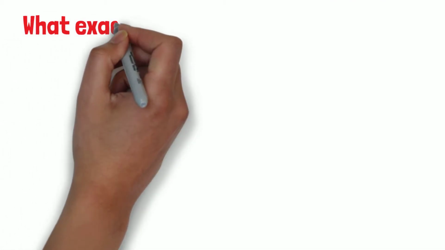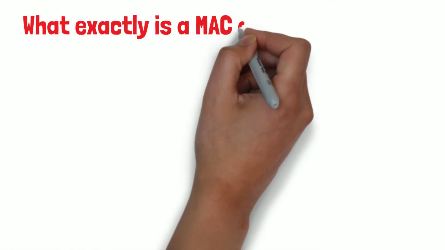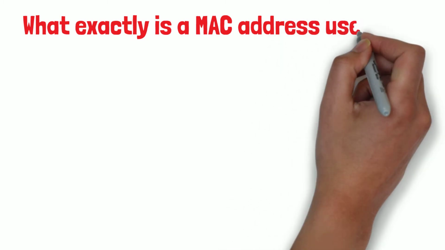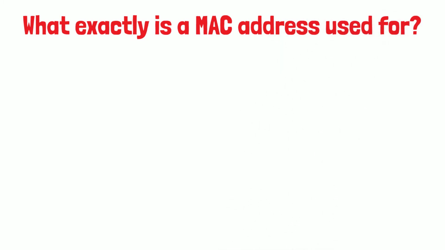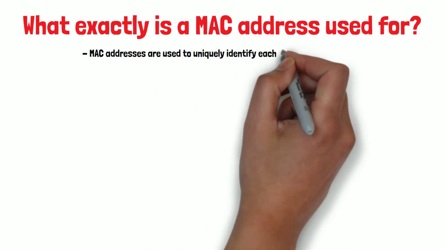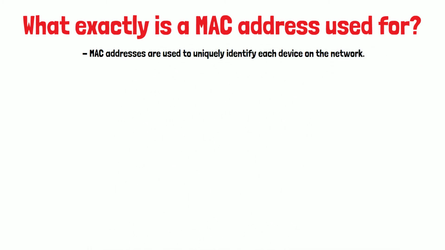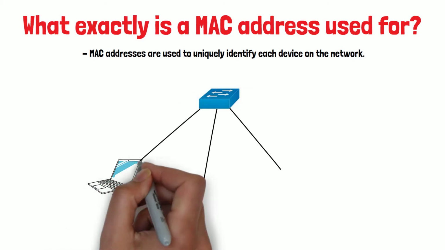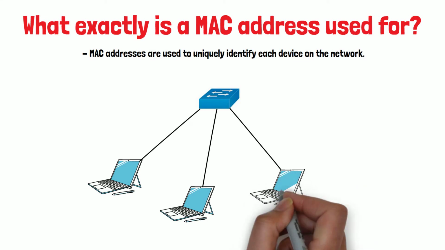So now that we know a little bit more about how they're made and managed, let's go over what exactly the MAC address is used for, and then describe how it's used. So as we've already discussed, MAC addresses are used to uniquely identify each device on a network. So let's say I have the switch here, and let's say that we have 3 computers connected to this switch.